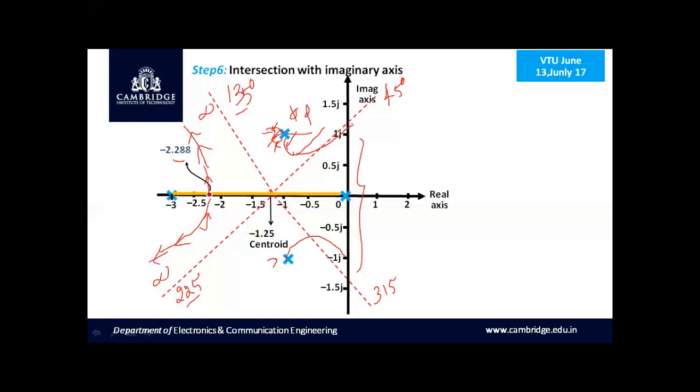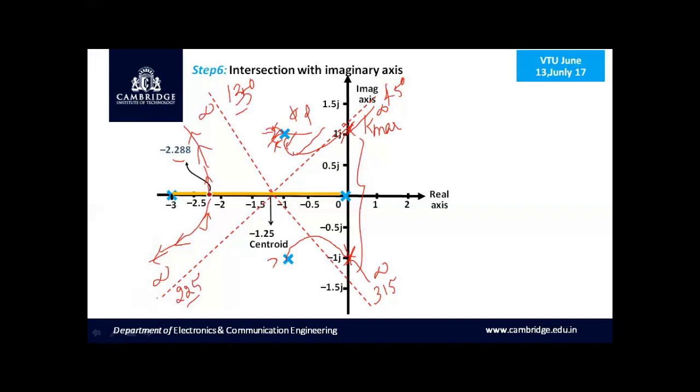Finally, at one particular point it intersects the imaginary axis for a particular value of k, and we can call it k margin. And if you keep on exceeding the value of k greater than k margin, these branches reach the right half of the S-plane, tending to infinity, making the system unstable.